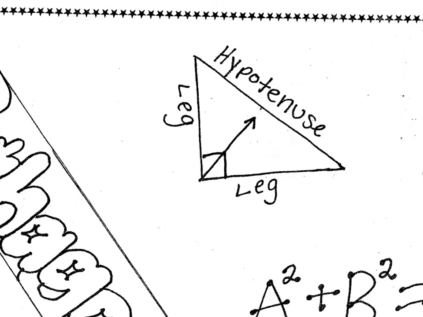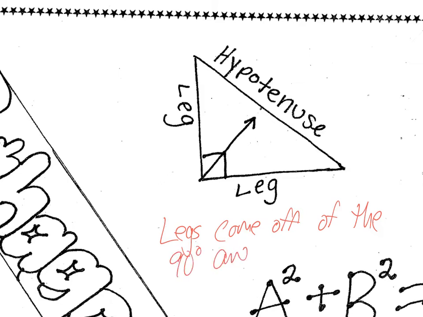So there are three parts to a right triangle. Two of them are the legs, and then the hypotenuse. The legs come off of the 90-degree angle. So we see that right here, the 90-degree angle, and the legs are what come off of that.